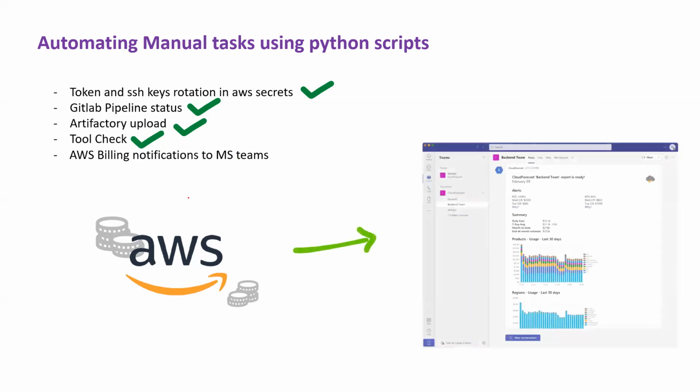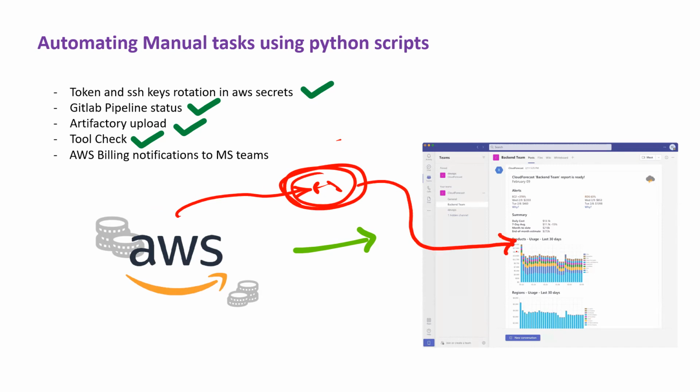So that's where we wrote a Python script. It has a role attached wherever it runs. That particular machine or Lambda function will have a role in such a way that it can access the cost information, and the Python script reads the information from AWS Cost Explorer, does some calculations, and then sends it to MS Teams.